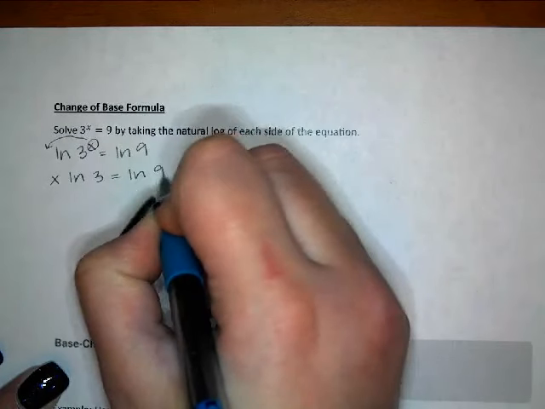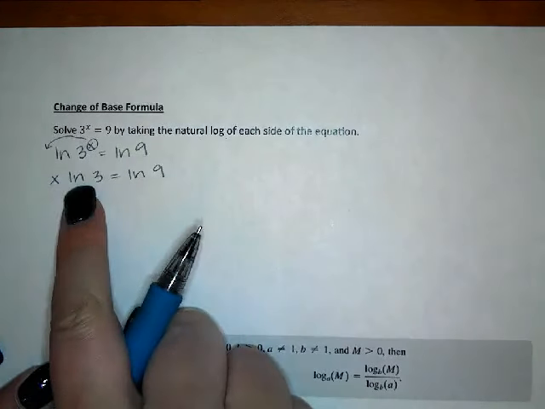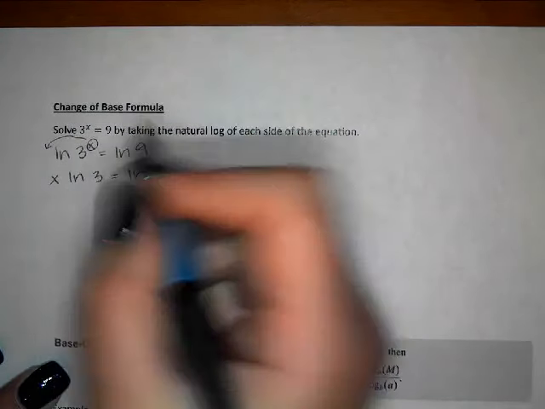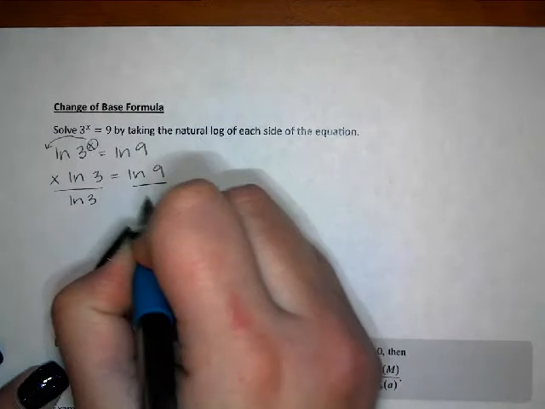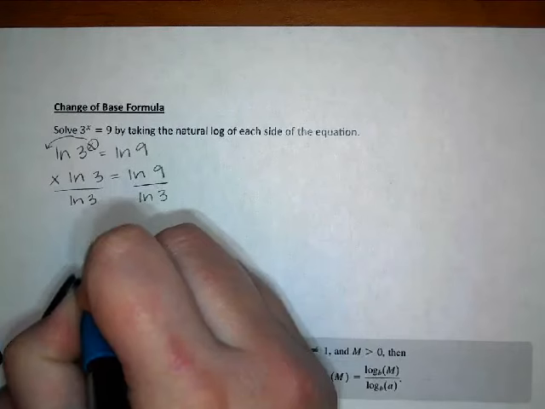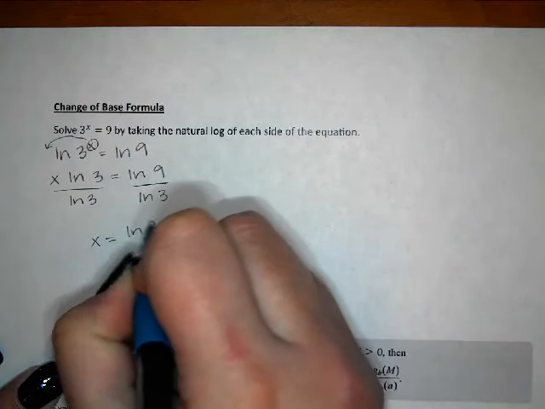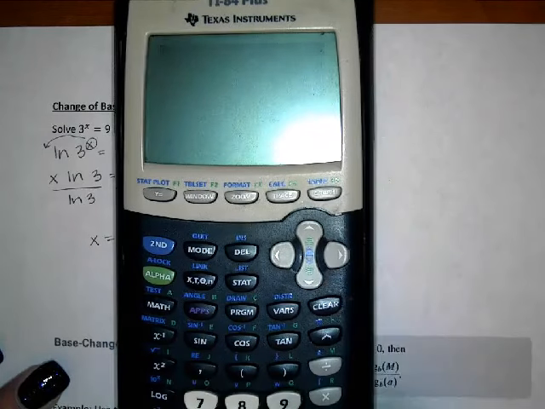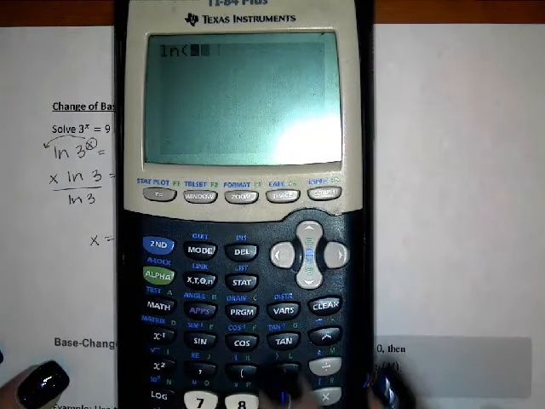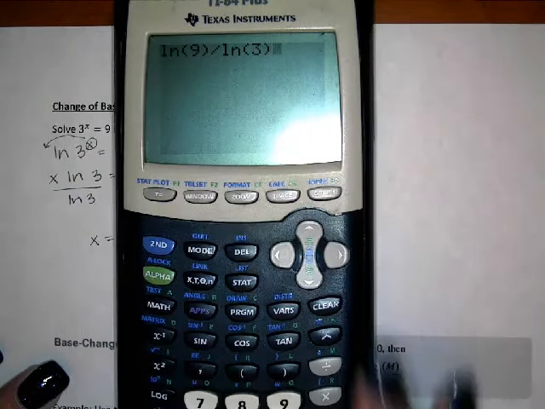And then if I wanted to get the x alone, I could just take the ln 3 and divide it over to the other side. And if I look at this problem, ln 9 divided by ln 3 is 2, which is what we expected.